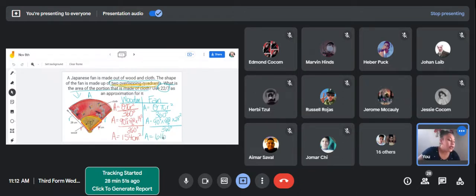Okay. So in your calculators, for the rest of you, you will do 90 times 22 times 28 squared, or 28 times 28, equal sign, divided by 7, equal sign, divided by 360, equal sign.